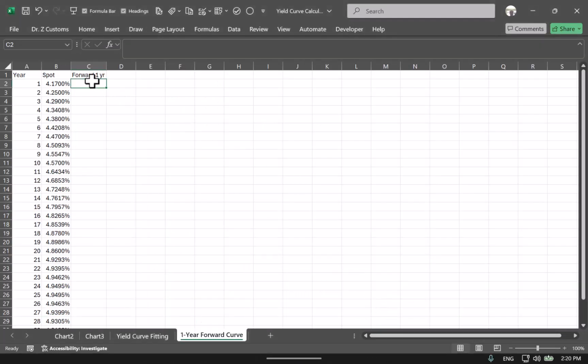Well, the forward 1 year is the spot itself. Now I'm going to look for a forward rate that starts in year 1 and goes until year 2. So the roll of 4 is going to be 1. The roll of 5 is going to be 2, which means I'm going to get 1 plus year 2 rate squared.